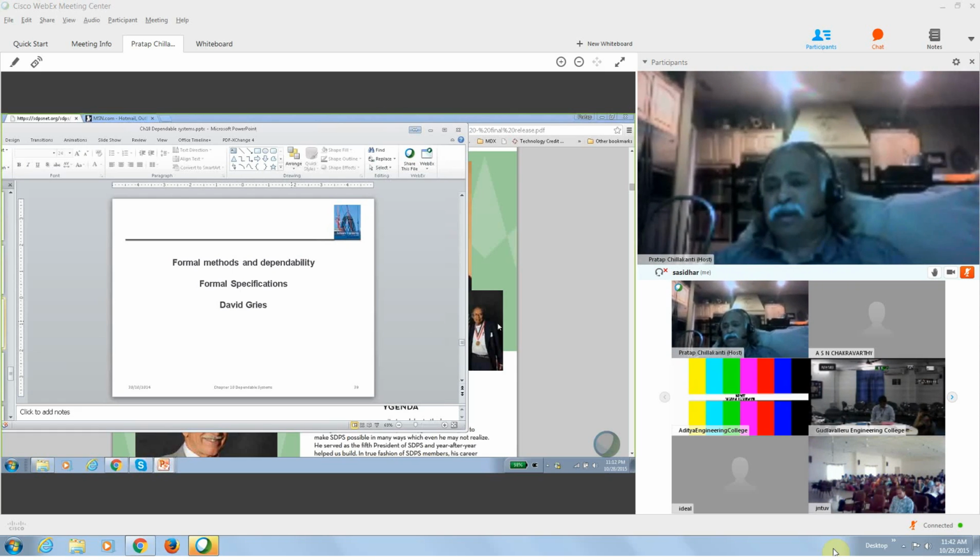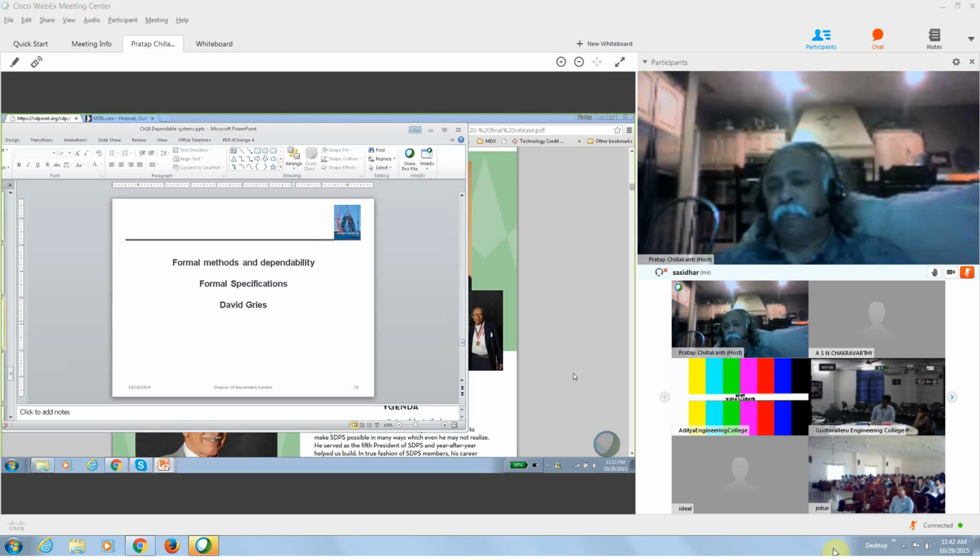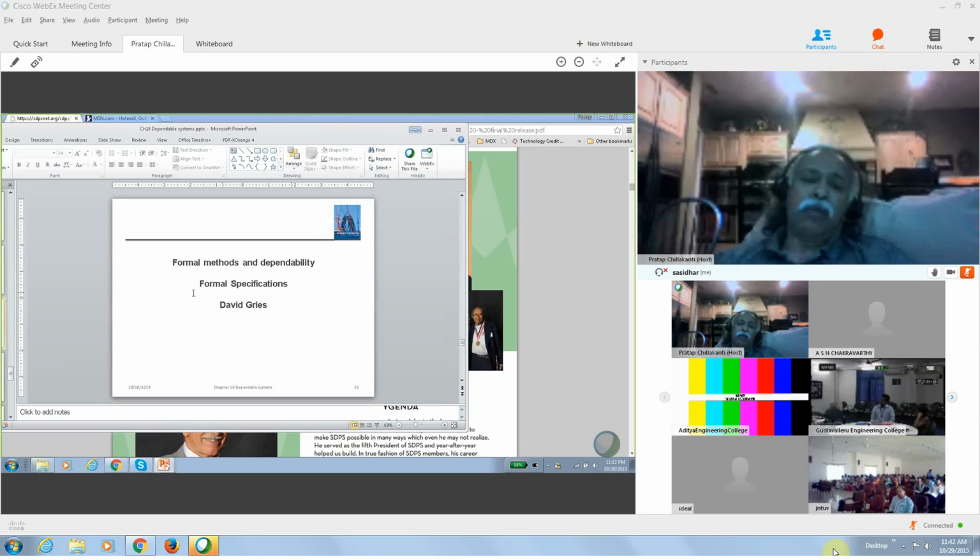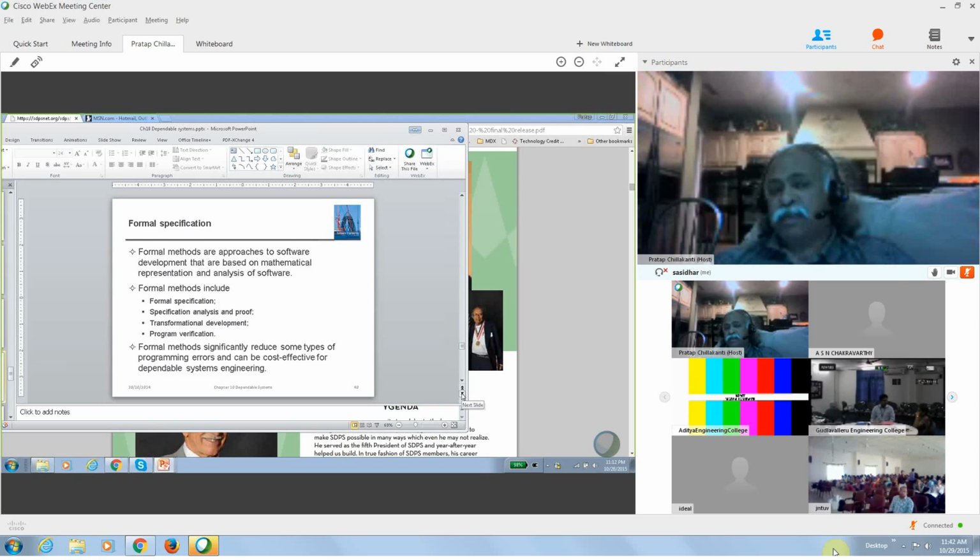All early computer science departments were math professors, right? And what do math professors do? They are always interested in proofs, specifications, and all that. So they said all programming can be boiled down to formal specifications. So by practicing formal methods, you'd be able to come up with a dependable system. That is what we are saying there.